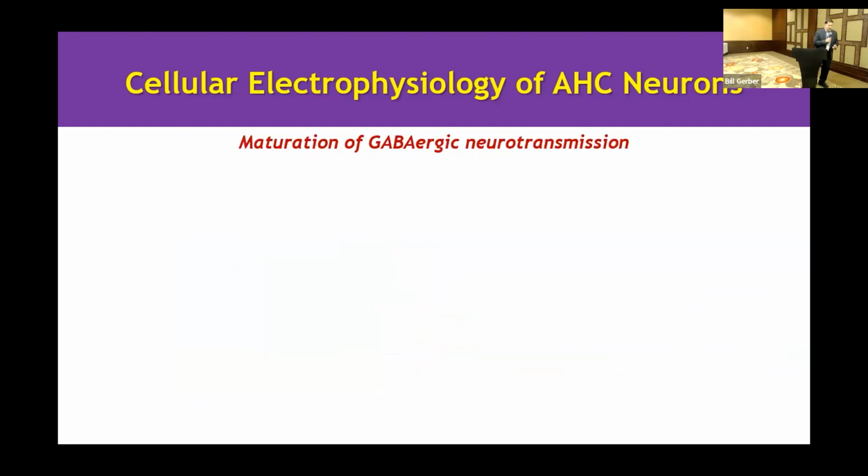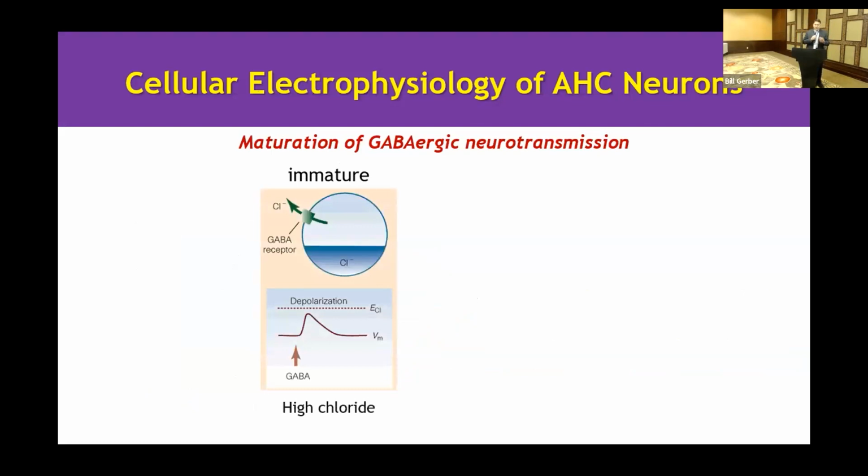Another thing that we noticed, and again, we think we link this to this reduced concentration of potassium inside the cell, is the normal development of inhibitory neurotransmission. And this is the influence of those inhibitory neurons on other neurons in the brain. That is normally a developmentally regulated process.